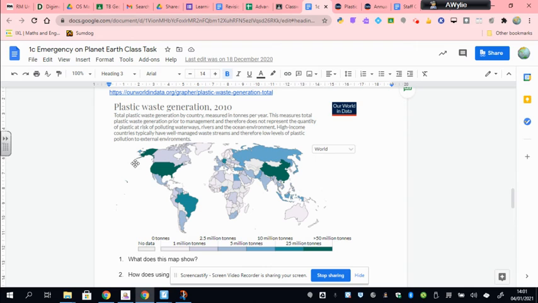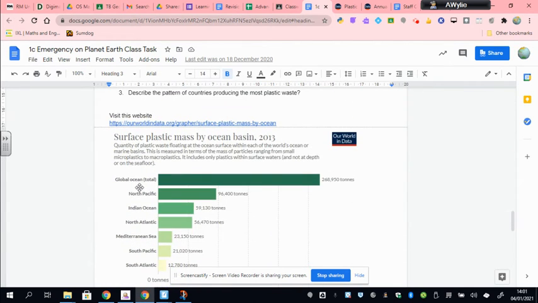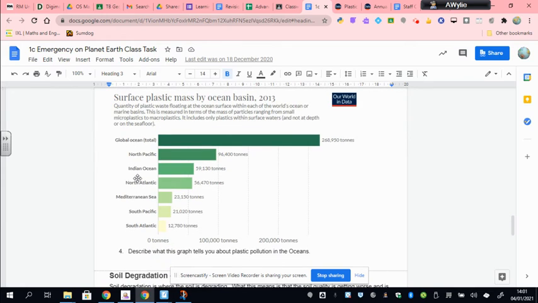Now, we're just going to continue with this idea of plastic waste in our oceans because you will see that there is a graph here about surface plastic mass by ocean basin. So this is in which oceans, back in 2013, would you find the most plastic floating in the oceans?